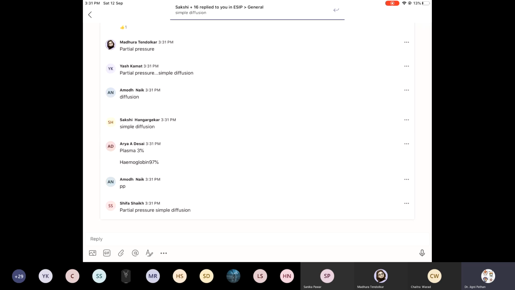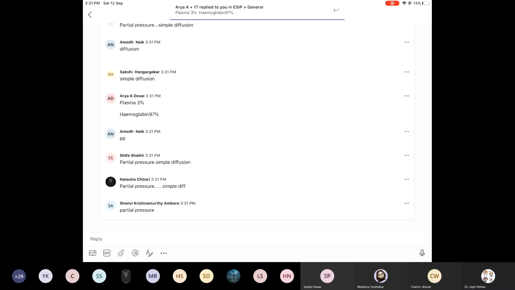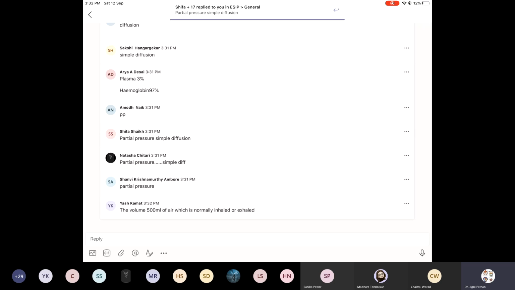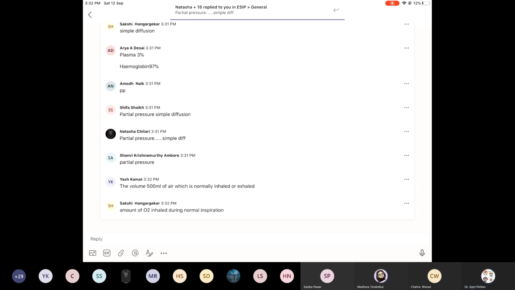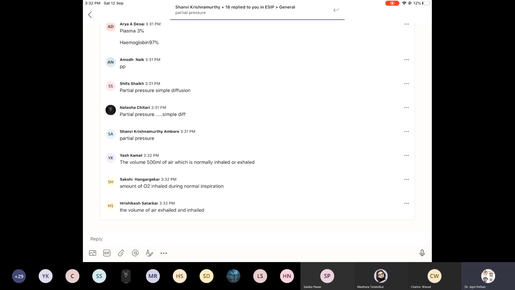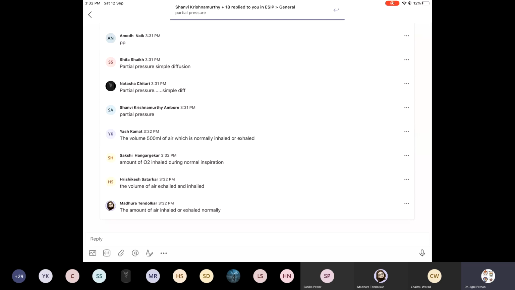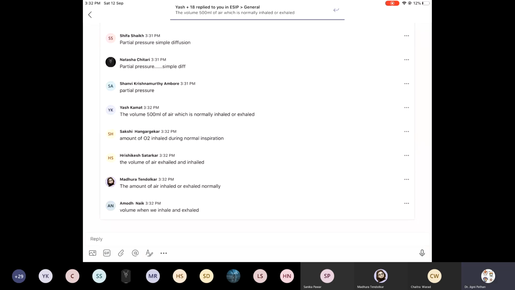What do you understand by tidal volume? The volume of air which is normally inhaled and exhaled. Very good. Both the terms should be there, Sakshi, inhaled and exhaled.